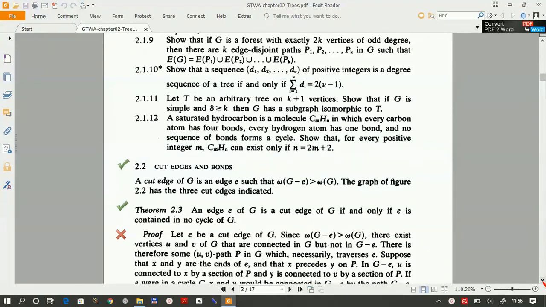Okay. Theorem 2.3. An edge E of capital G is a cut edge of G if and only if E is contained in no cycle of G. I don't give the proof, but the thing is rather intuitive.